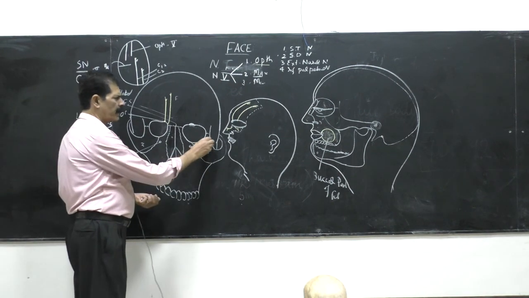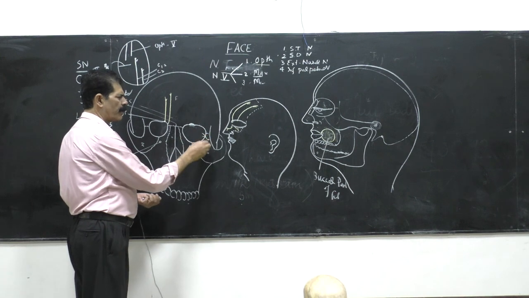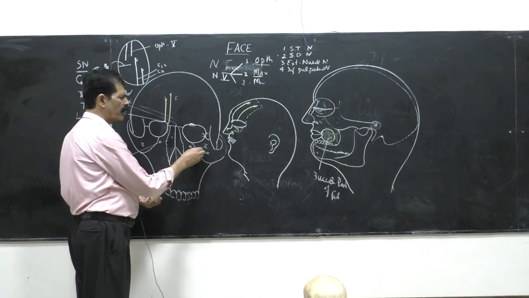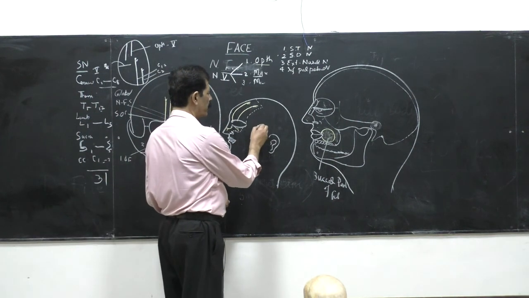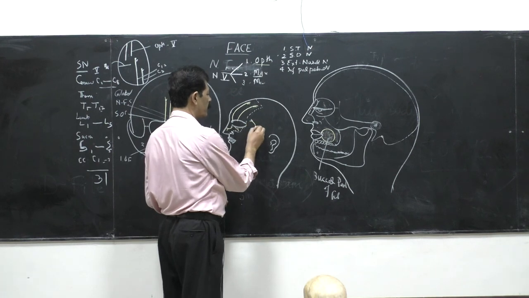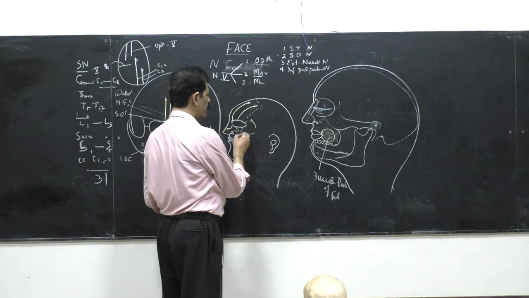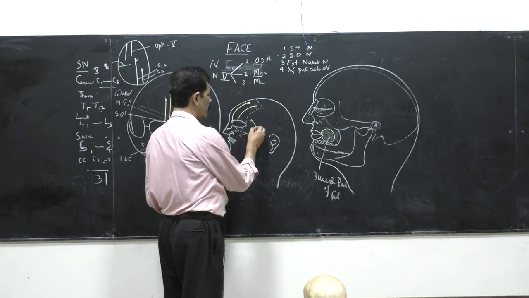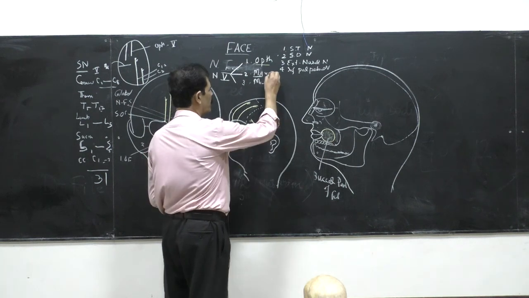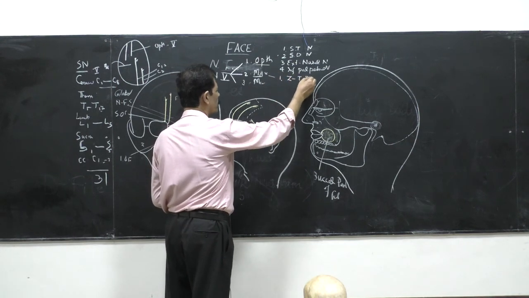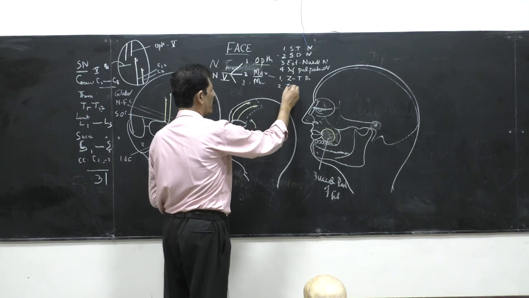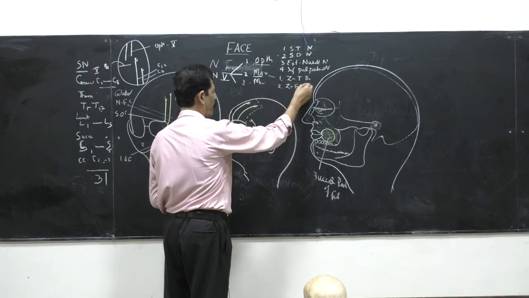From here the zygomaticotemporal nerve starts and supplies this area, and the zygomaticofacial nerve supplies this area. These are branches of the maxillary nerve.